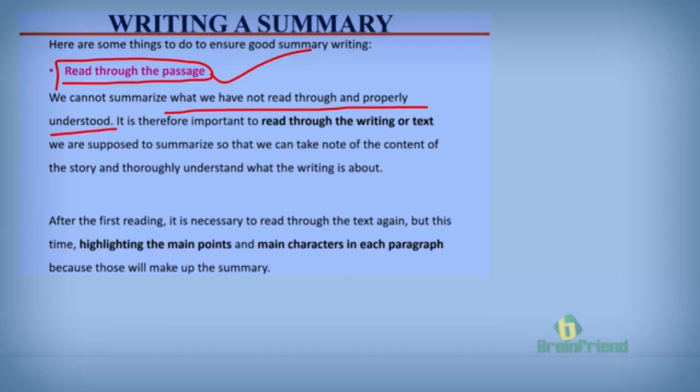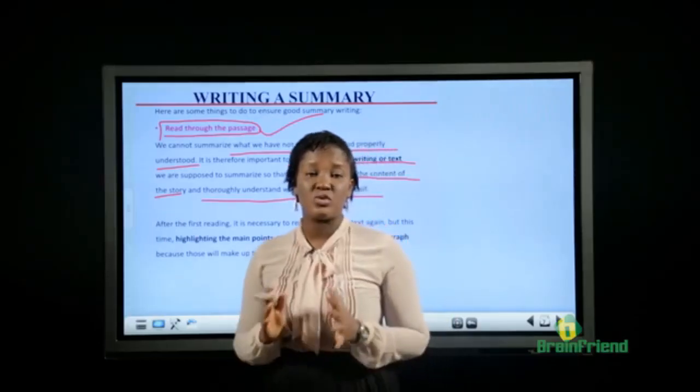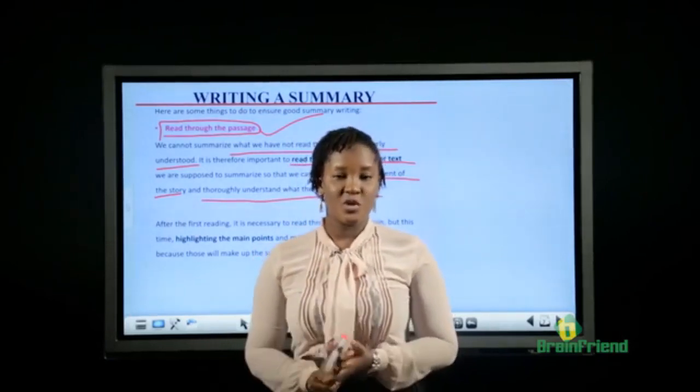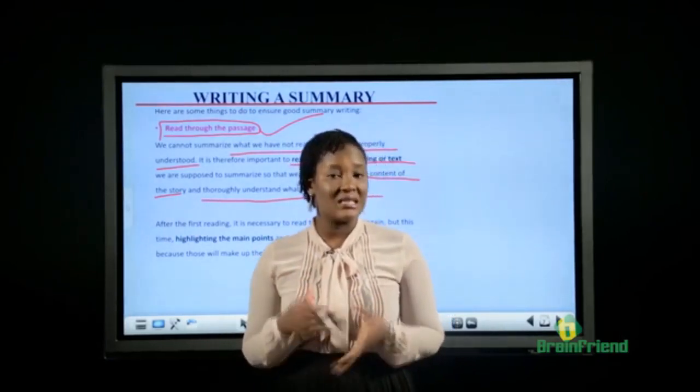It is therefore important to read through the writing or text that we are supposed to summarize, so that we can take note of the content of the story and thoroughly understand what the writing is about. This is why we need to read through the text carefully before summarizing. We need to know what is written in the text.